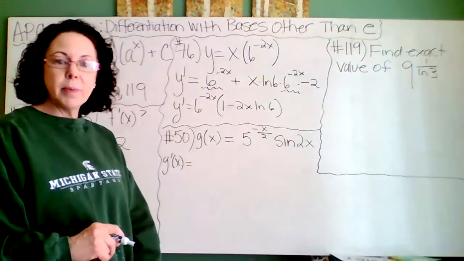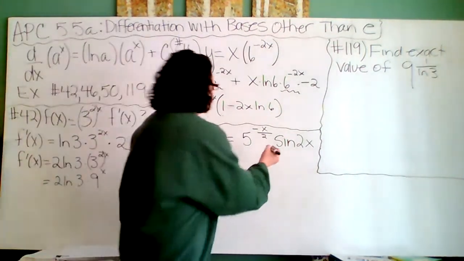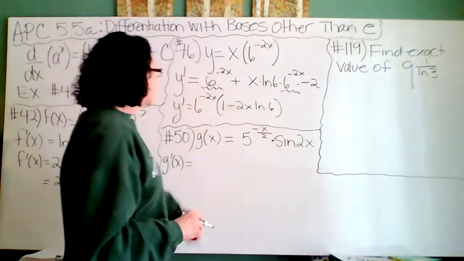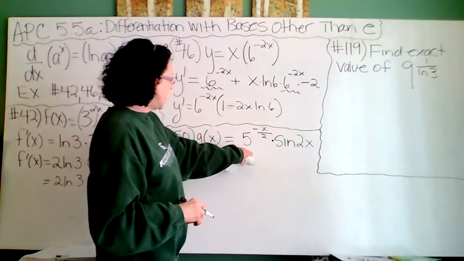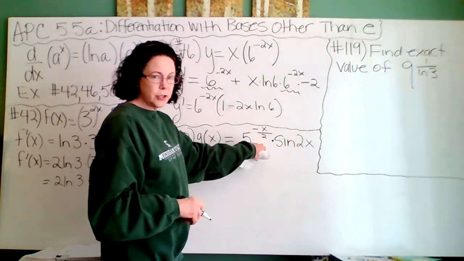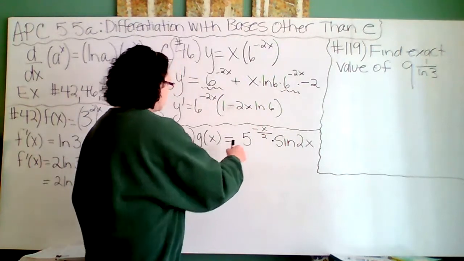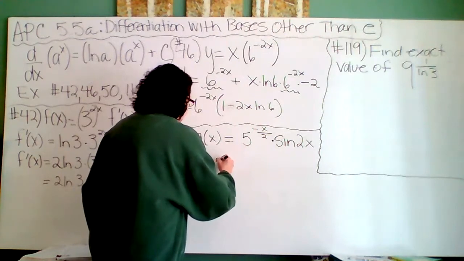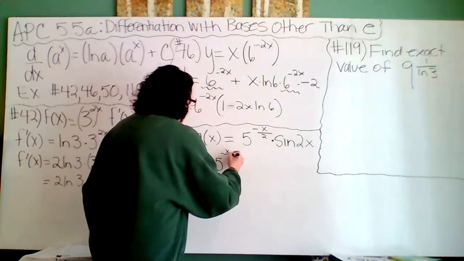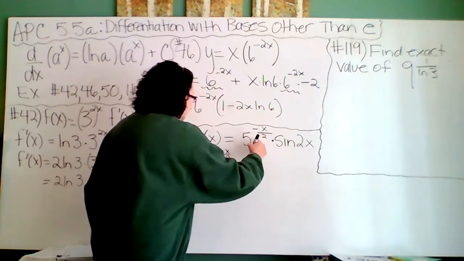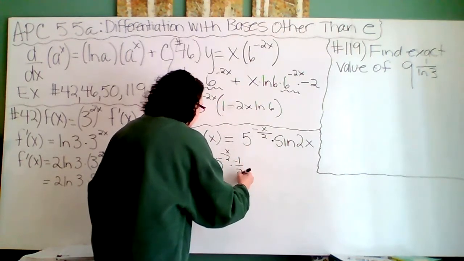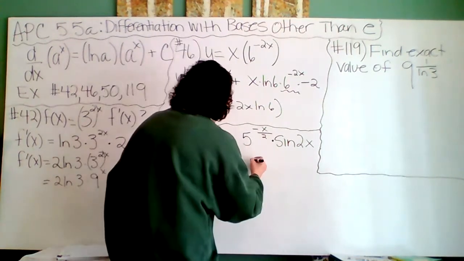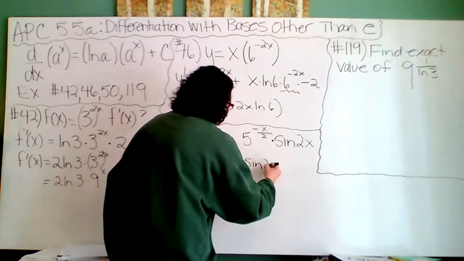Okay, I'm going to talk my way through this, right? Product rule here. I'm going to take the derivative of 5 to negative x over 2. So that would be the natural log of the base times itself times the derivative of the inside function. And I'm going to keep my sine 2x, right?